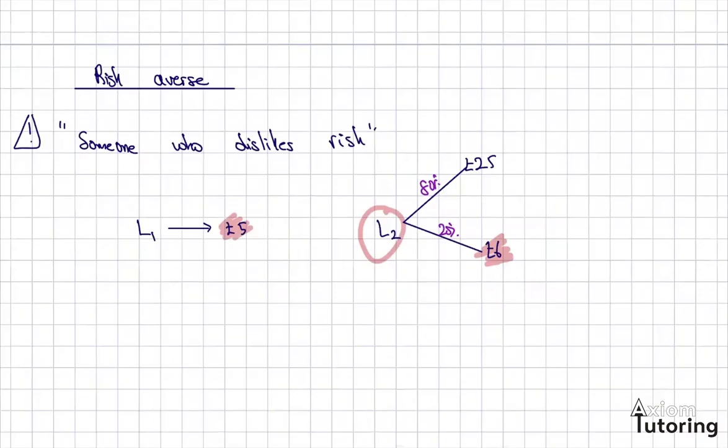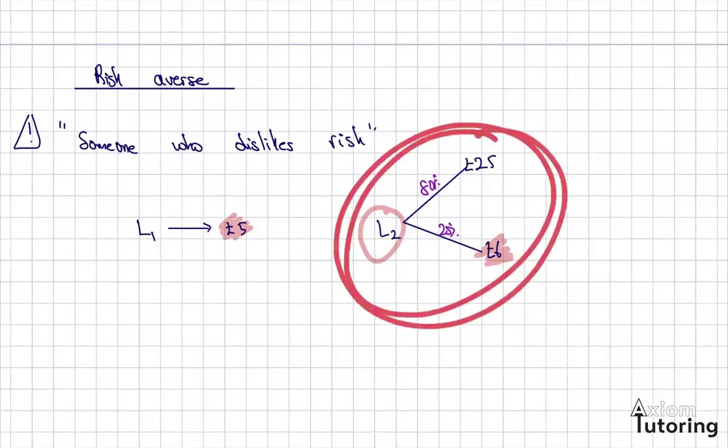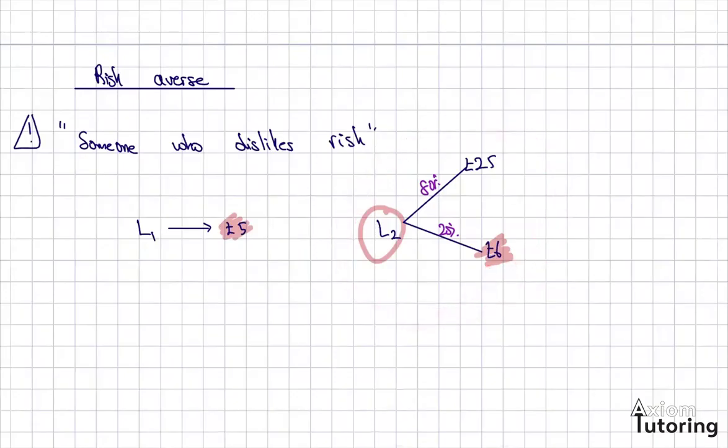In fact, someone might prefer this lottery here, even if, for example, here they get a 4, which is less than a 5. Okay, and we need to figure out a way how to define that. But if you're watching this video, a big majority of you, I'm sure, will immediately think risk averse, someone who dislikes risk. However, that's not quite the right definition.